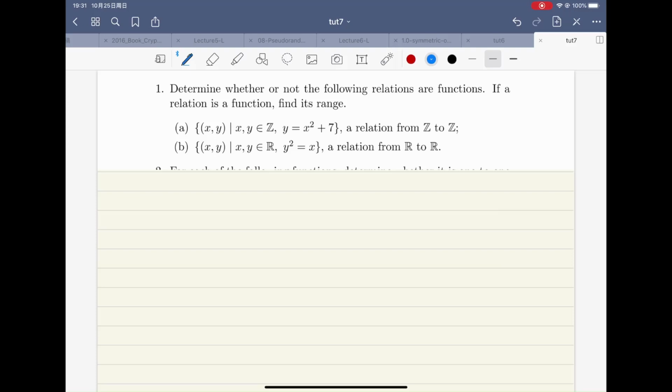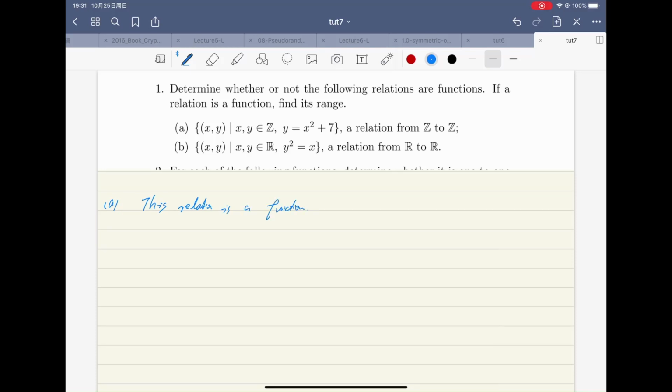Why? Whatever value you choose for x from the integer set, you get a unique y that maps to y equals x squared plus 7 in the integer set. So this relation is a function.